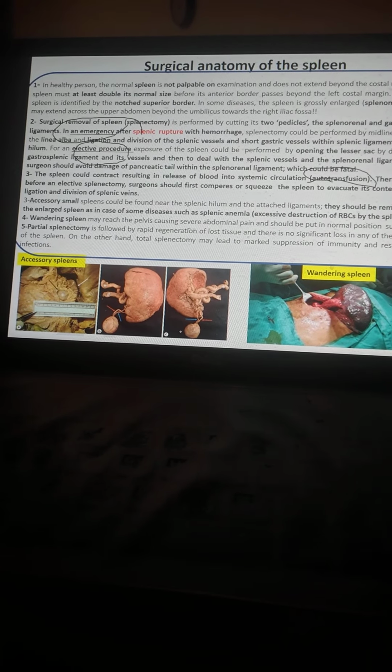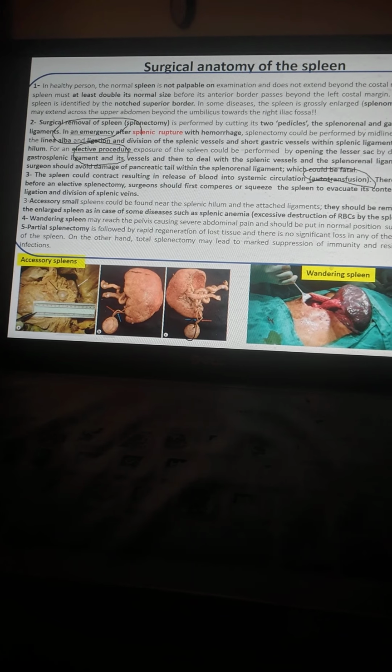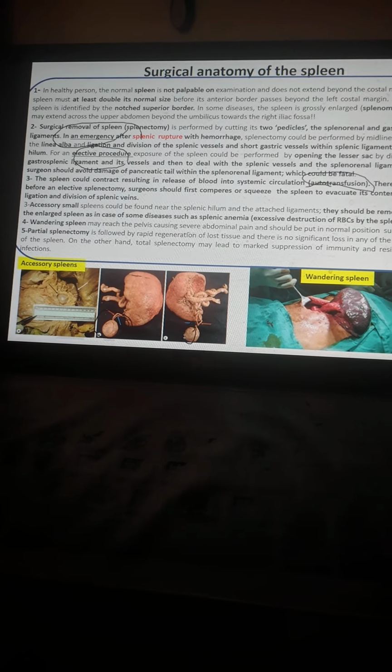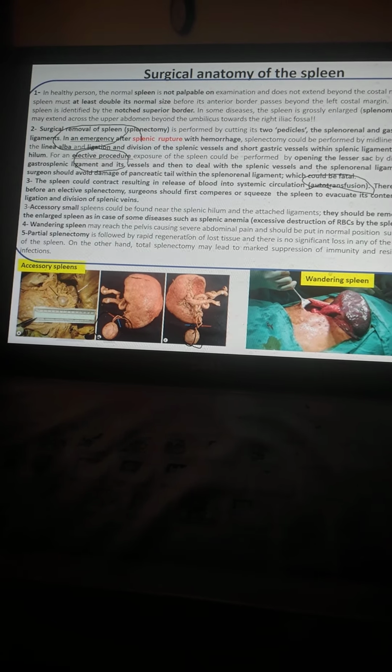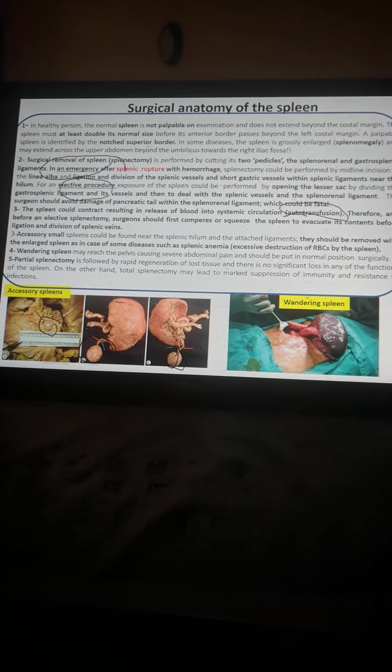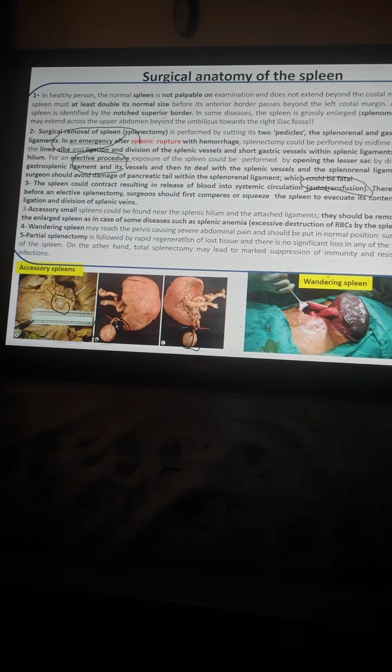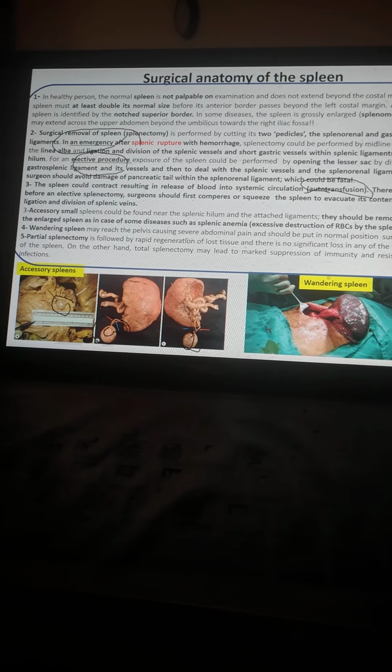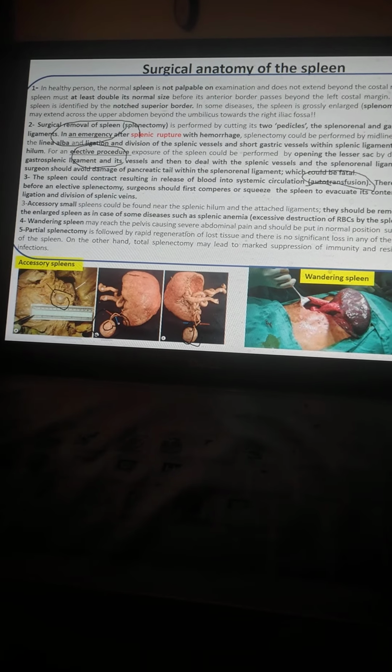As I mentioned, here is a small spleen, we call it an accessory spleen, and this is due to the formation of small spleens, splenules, which didn't fuse.